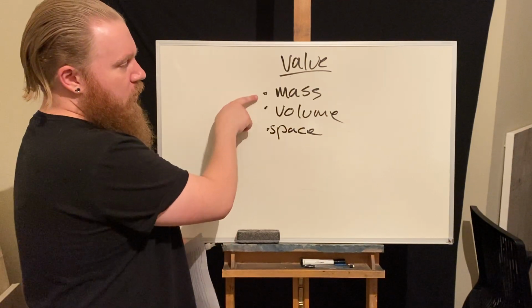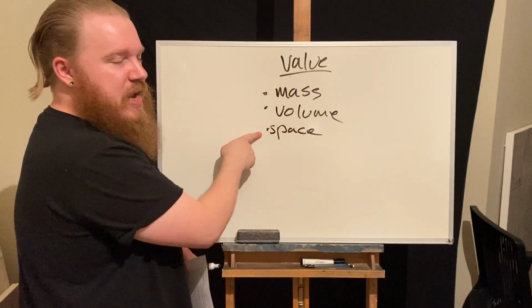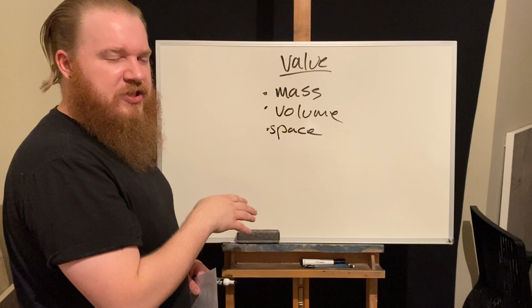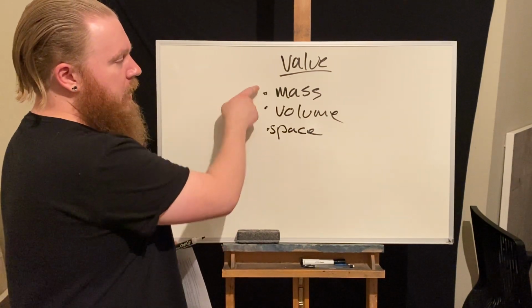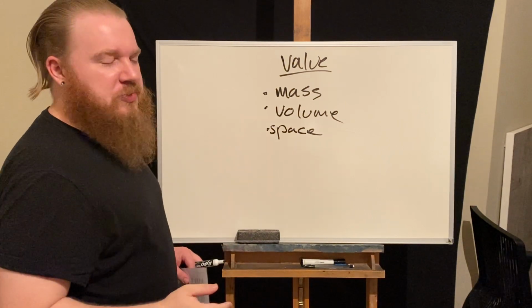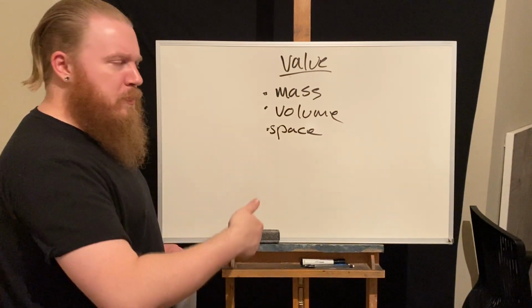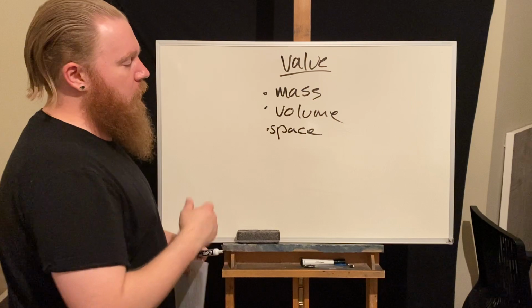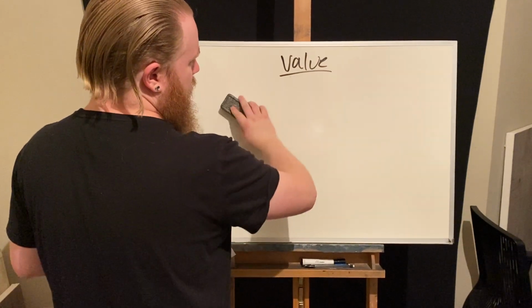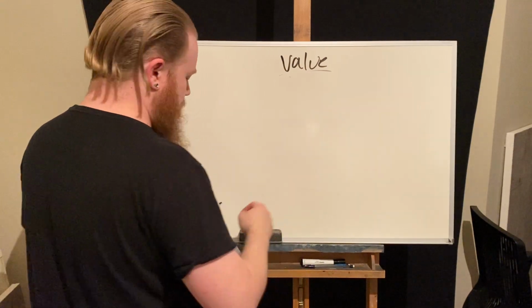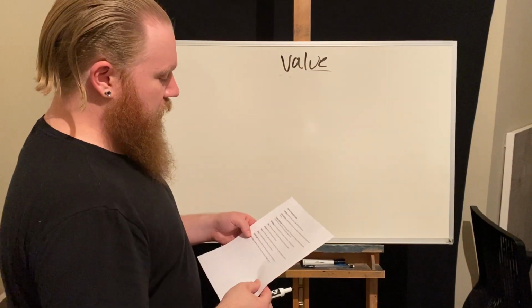So it's important to note that mass, volume, and space can all be used interchangeably depending on the context. We could also use form, mass, and volume interchangeably, shape, mass, volume, form, all interchangeably as well. So it can get a little complicated, but generally speaking, that's where we're at.